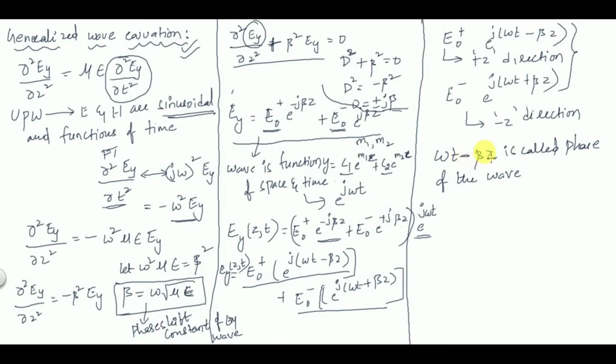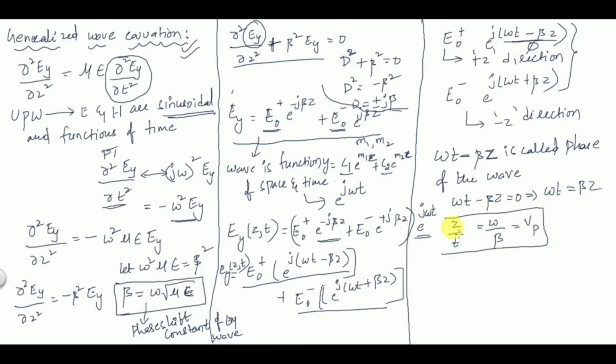This omega t minus beta z is called the phase. We know that it is in the e power j phi form, so this is totally the phase of the wave. If you equate it to 0, omega t minus beta z is equal to 0, so omega t is equal to beta z, and z by t is equal to omega by beta, which is called Vp, that is V suffix p.